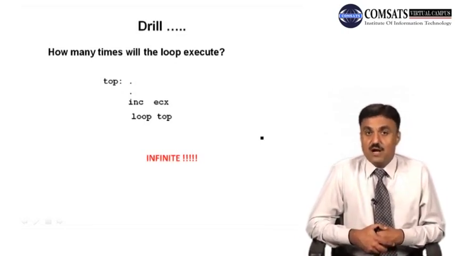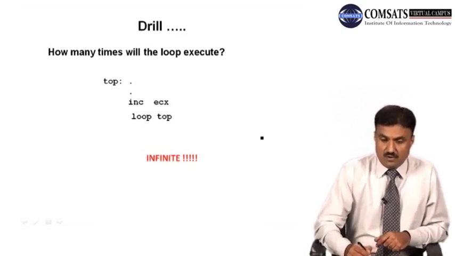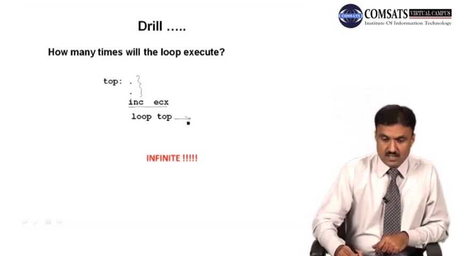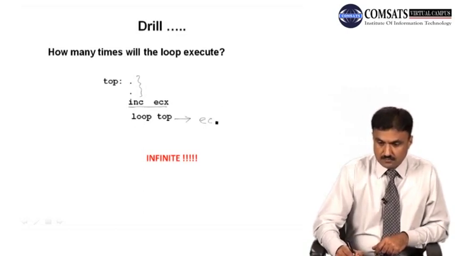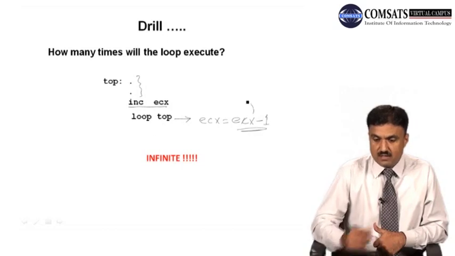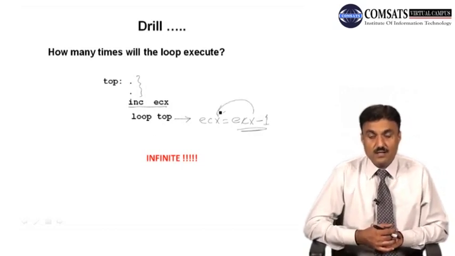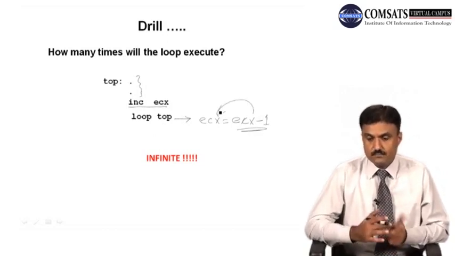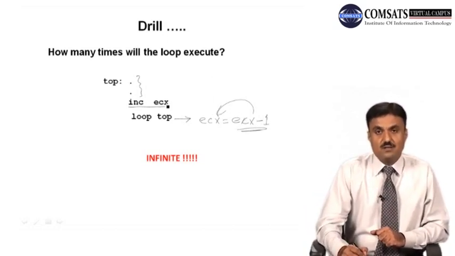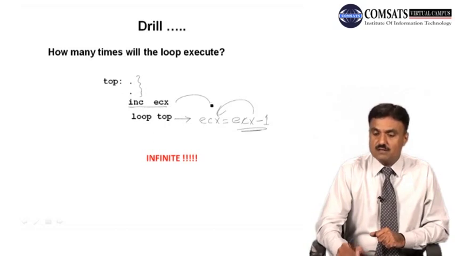Infinite times. Why? What is the reason? For example, there is a logic. Here we decrement ECX. ECX is equal to ECX minus 1. Whatsoever the result is, that result is transferred to the ECX. But before decrementing, we are going to increment.